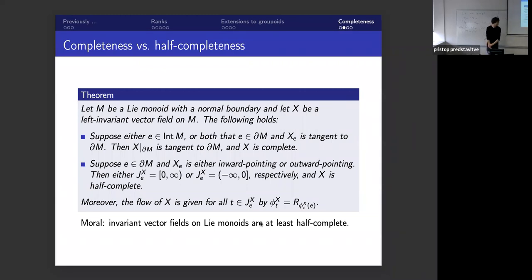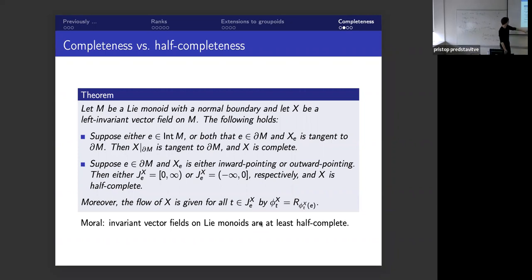For the second example, if the boundary is a submonoid, and X_E is either inward pointing or outward pointing, then we have half completeness.